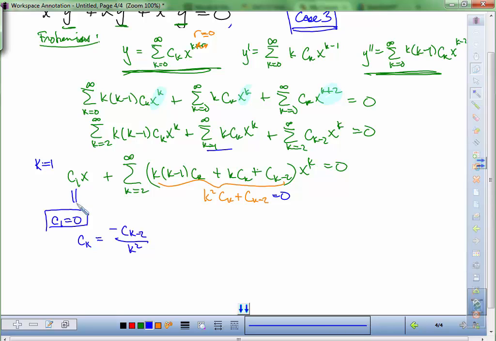Each of the coefficients is going to be equal to 0, and I have this coefficient sitting out by itself, so I set that equal to 0, and I set these coefficients in here equal to 0, and this is what I got. So C1 is equal to 0. Now this is good for k equals 2, 3, 4, etc.